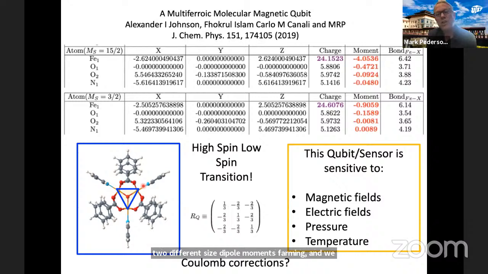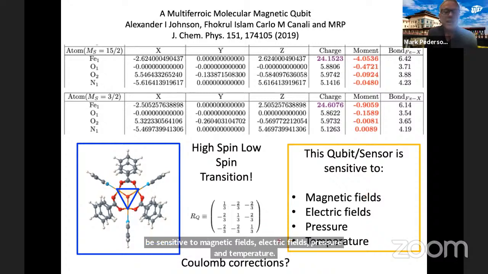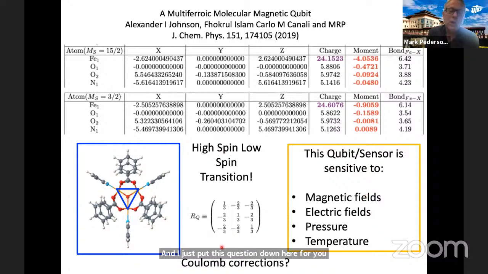And we think we've determined that it's because, in fact, it's multiferroic. You can have the Hund's rule ground state, which is spin 5/2 on each one of these triangular vertices, or you can have a double spin flip and have S=1/2 low energy states. As a result, we think this qubit here is going to be sensitive to magnetic fields, electric fields, pressure, and temperature. And I just put this question down here for you, Coulomb corrections.